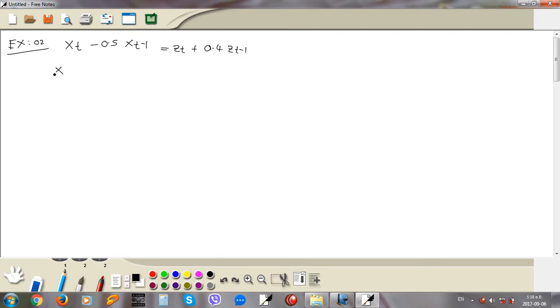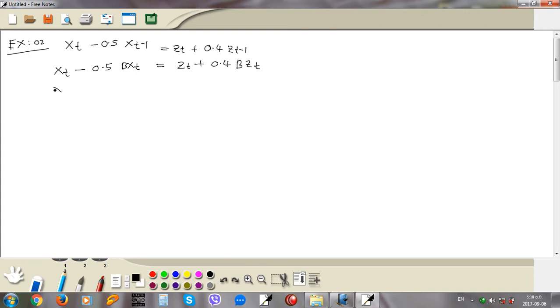So here x t you can write as it is, minus 0.5 x t minus 1, we can write using B operators, B x t, equals z t as it is, plus 0.4 z t minus 1, we can write B z t.